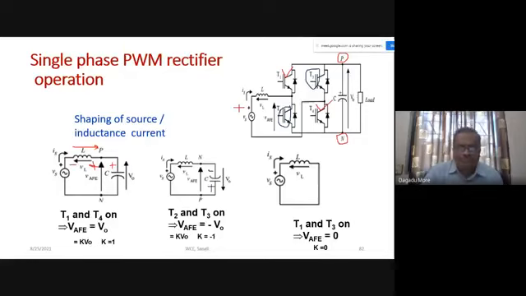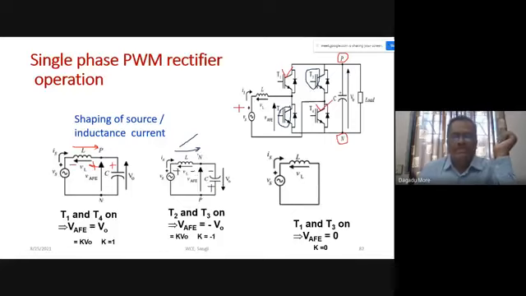Now the supply voltage and the capacitor voltage both are additive in nature, and because of that there will be an increase of current. So current will have a tendency to increase, and as current has a tendency to increase, the inductor will try to oppose this. So the polarity developed will be like this.